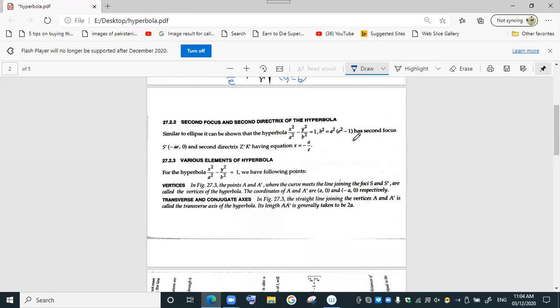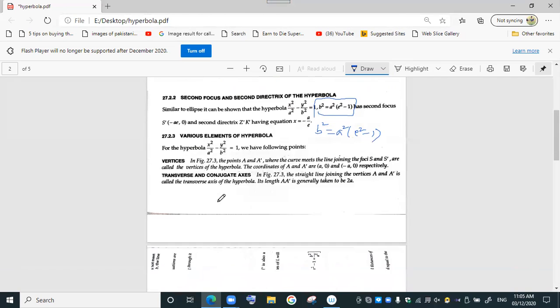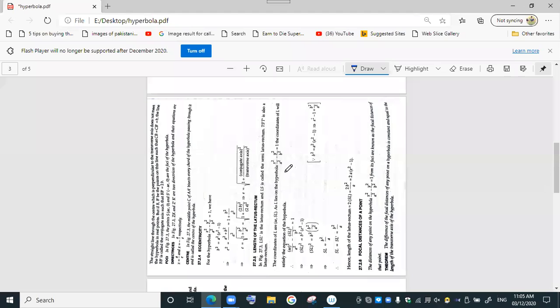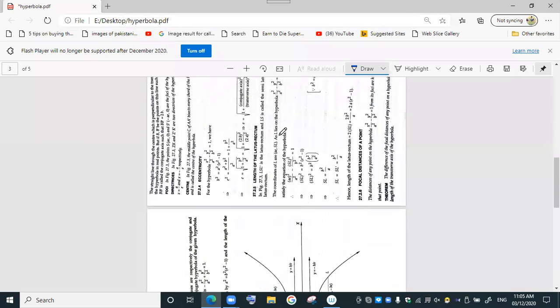Only the relation is reversed here. In the relation between eccentricity, b and a, b² = a²(1 - e²) in the ellipse, but here it is e² - 1, because the eccentricity is greater than 1. Vertices we have seen, and I told you what a transverse axis is.